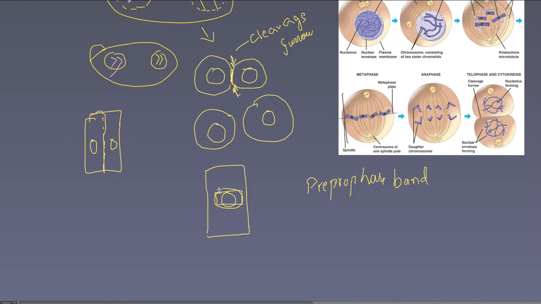It's just a big array of microtubules, and during mitosis these expand. The things which I'm drawing right here are these microtubules, and this is the nucleus. I'm trying to draw it in 3D, and I'm not successful in it. You can see that.